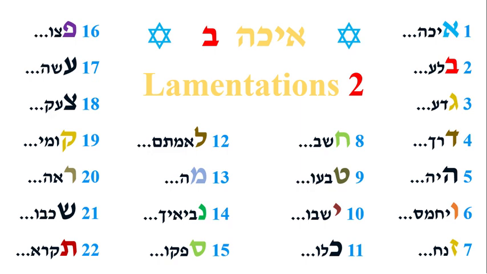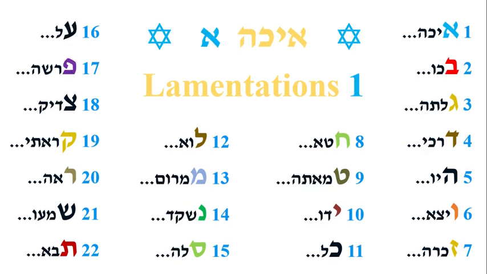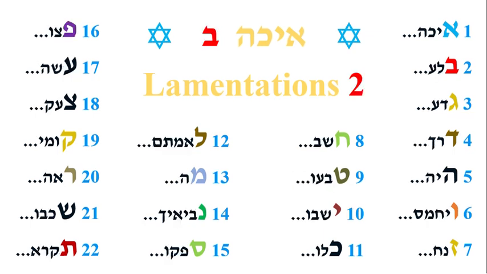And if my memory serves me, Ayin is the 16th letter. He has the Ayin and the Pei switched in Lamentations chapter 2. Oh yeah, look back at Lamentations 1. He's got them in the right order. Ayin first, Pei next. But Ayin 16, Pei 17. But in chapter 2, he's got it backwards. Well, that's interesting. Wonder why.